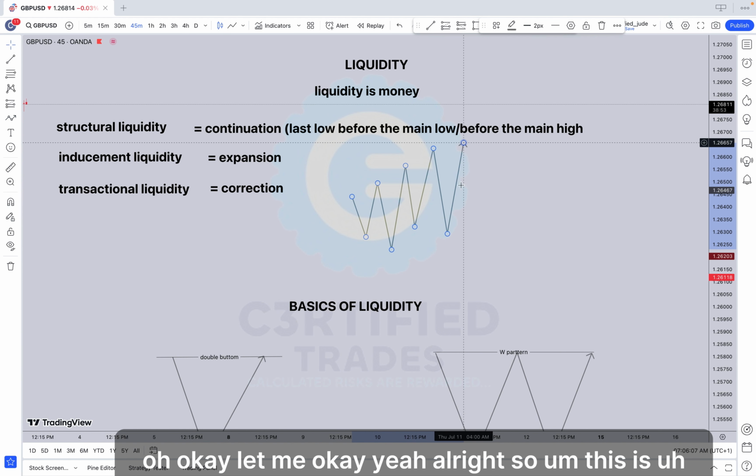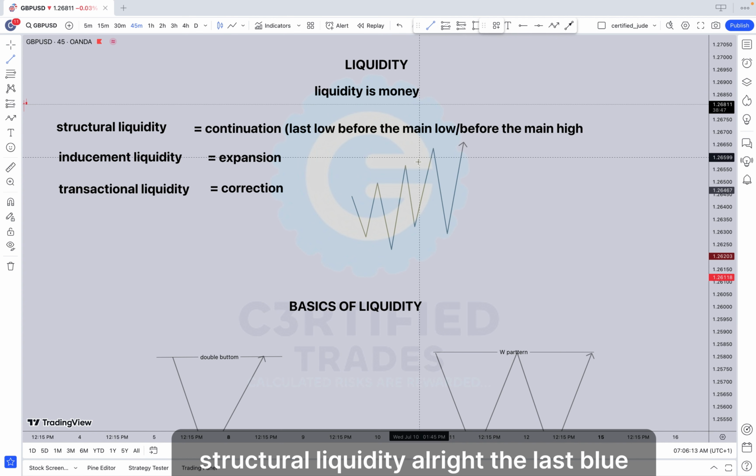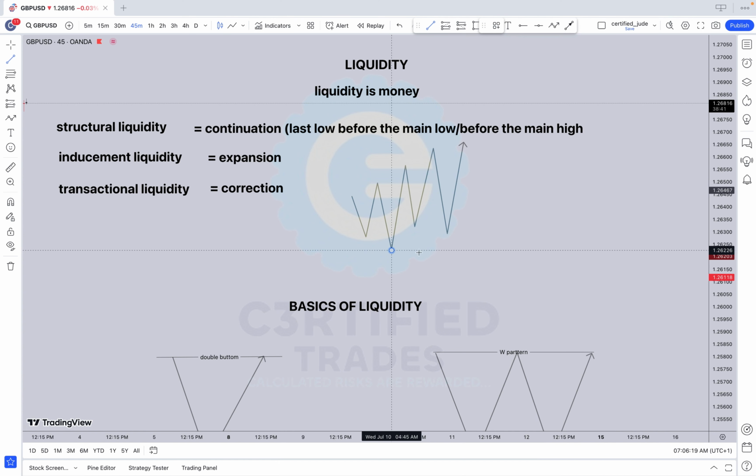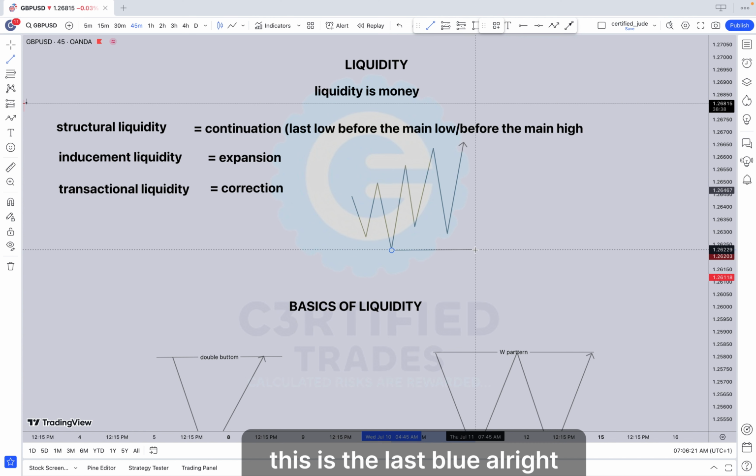So this is our structural liquidity, the last low. This is the last low.